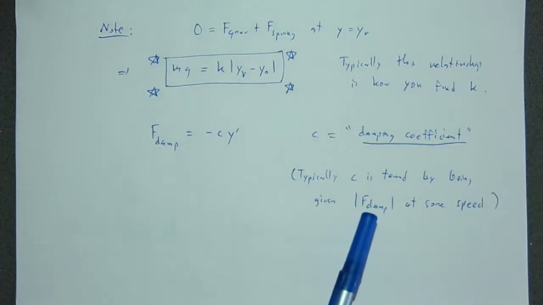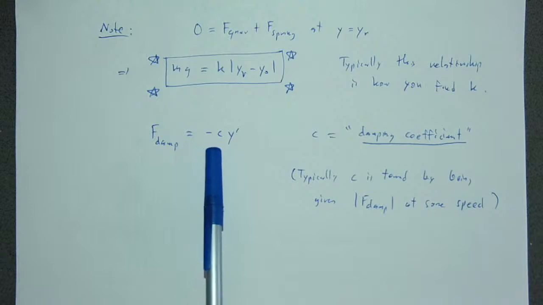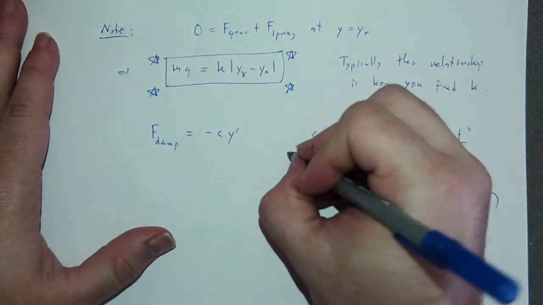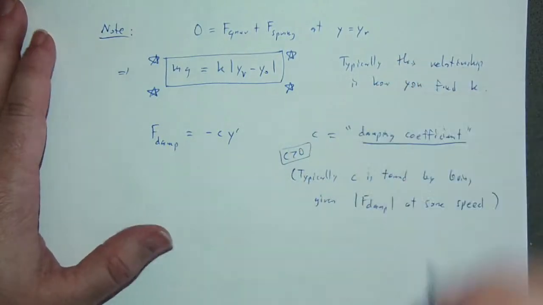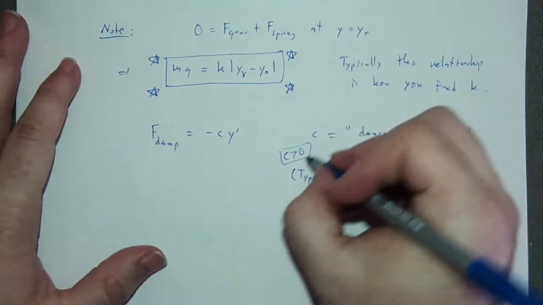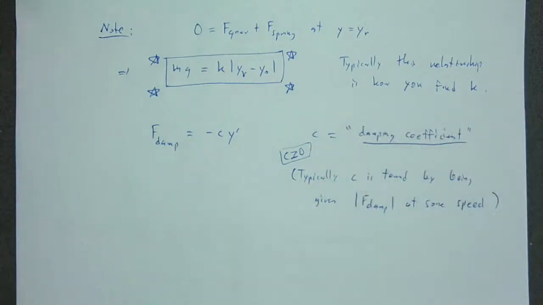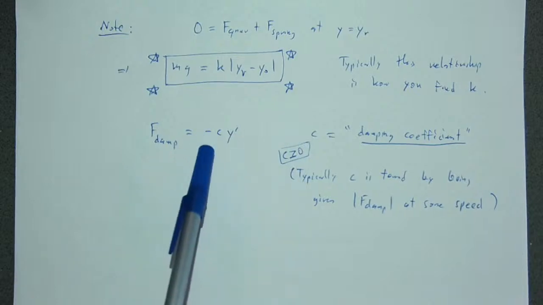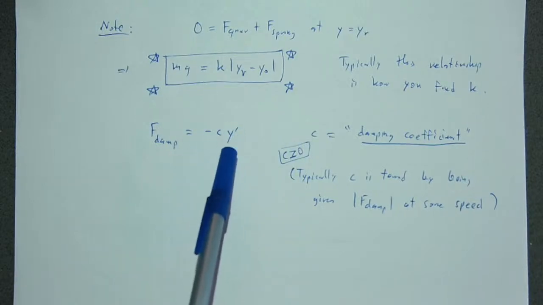The absolute value of F damp is the absolute value of c, and this damping coefficient c is positive typically, or at least non-negative, I should say, times the absolute value of y prime, that's the speed.